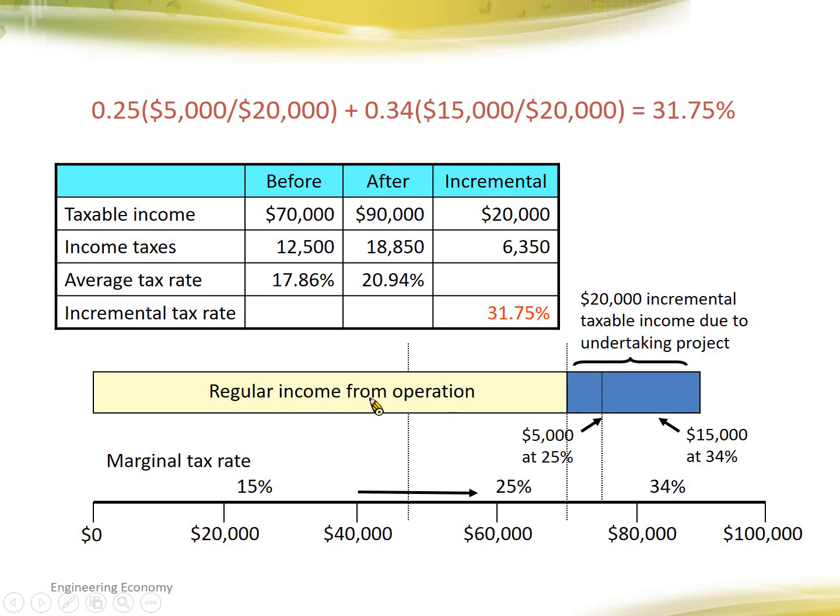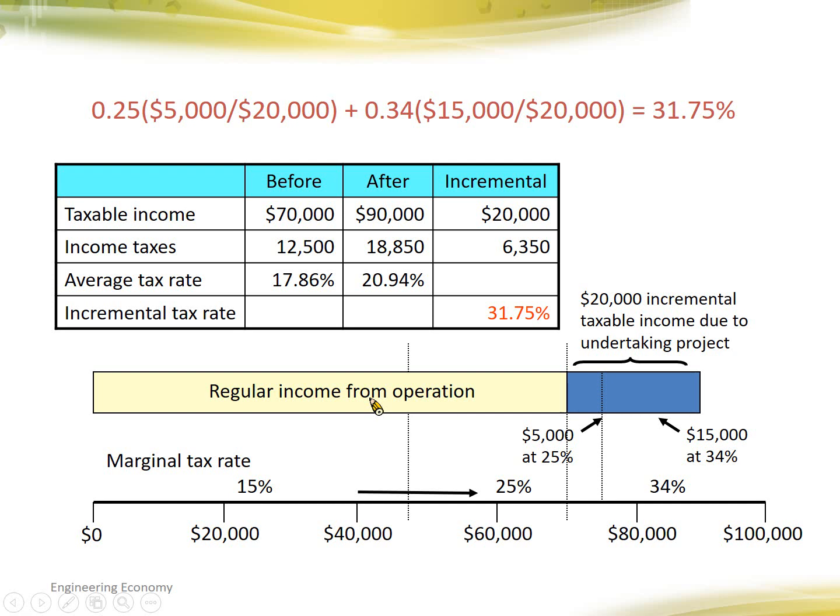If you multiply this amount by 25%, this 15,000, this amount by 34%, you get 6,350 as your income tax. If you divide this amount by your taxable income, you get 31.75%. Okay, that's what it actually needs to pay for income tax.